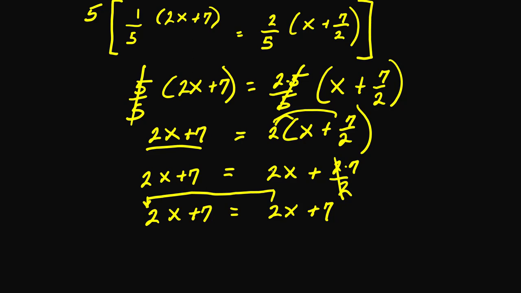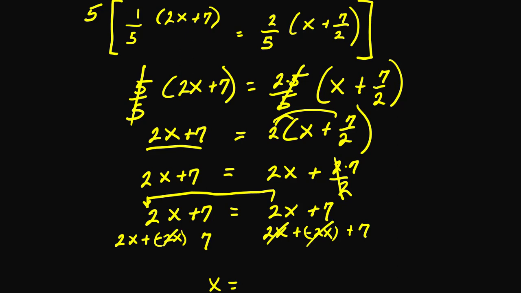But if I go ahead and work this thinking that I'm going to get x equals something, I'll go ahead and get rid of this x on this side, add a negative 2x, add 7, same thing over here, 2x, add a negative 2x, 7.